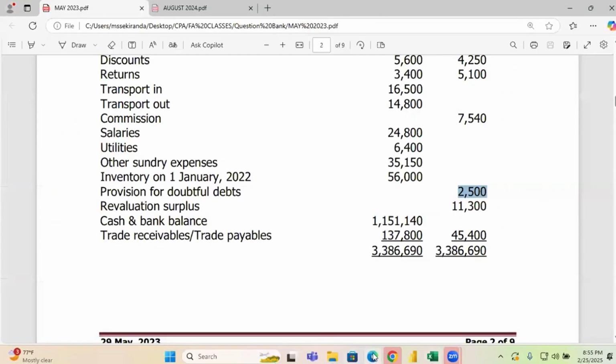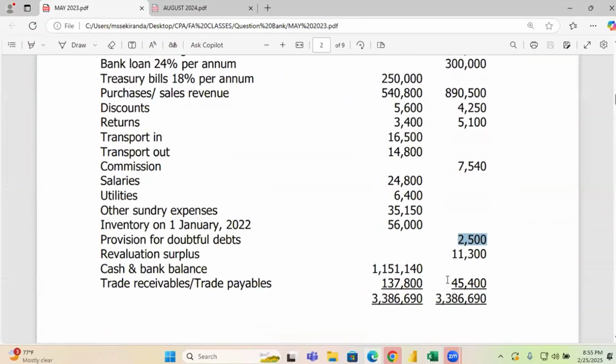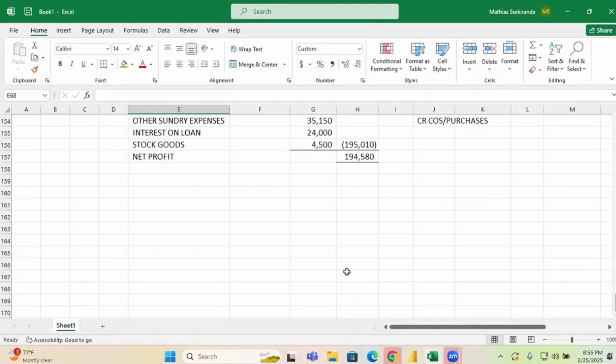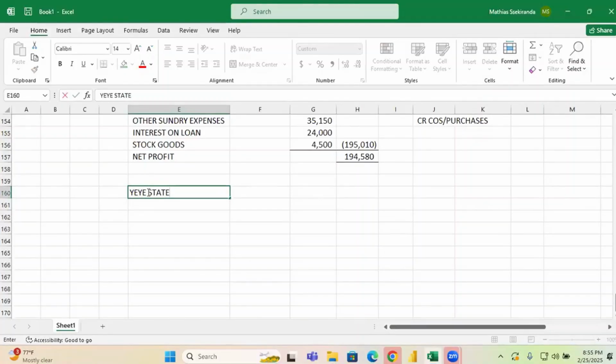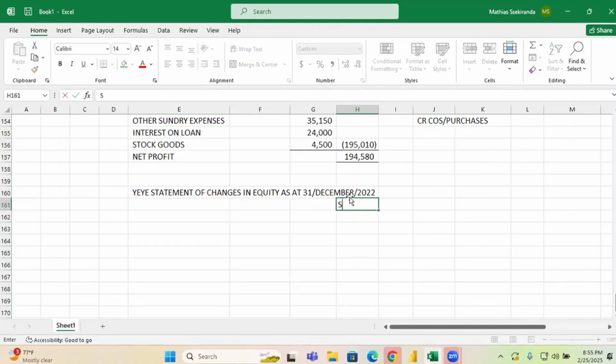This company is called Yeye, so you see Yeye Enterprises, statement of changes in equity, as at 31st December 2022. Our amounts are in shillings or thousands.